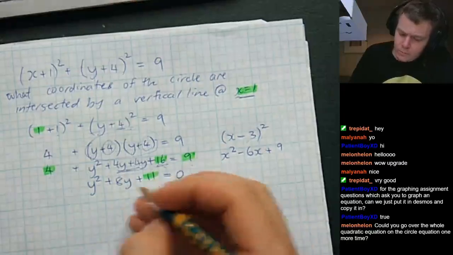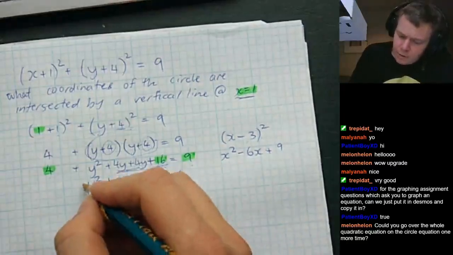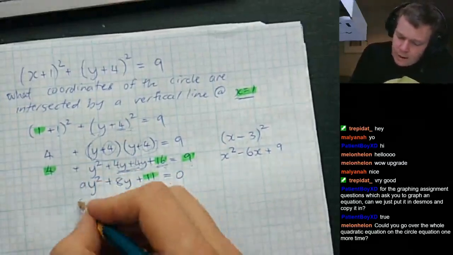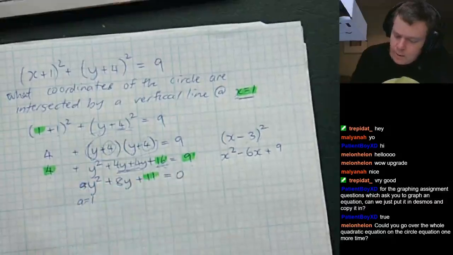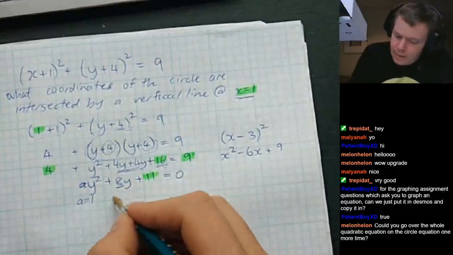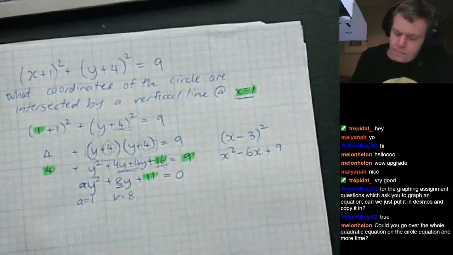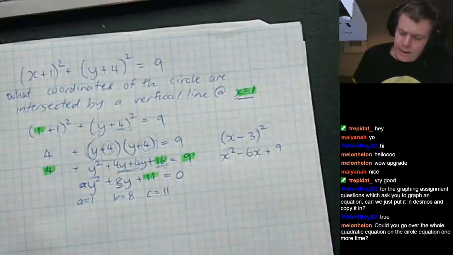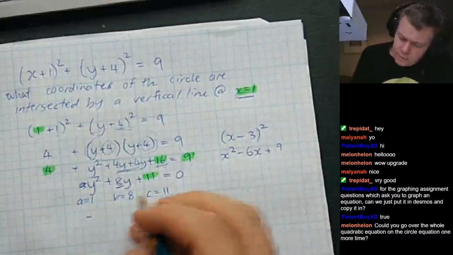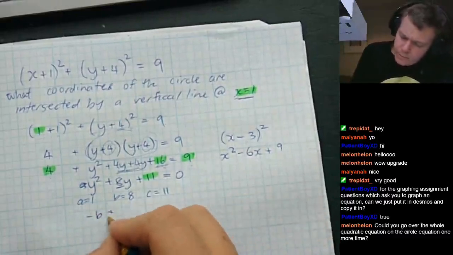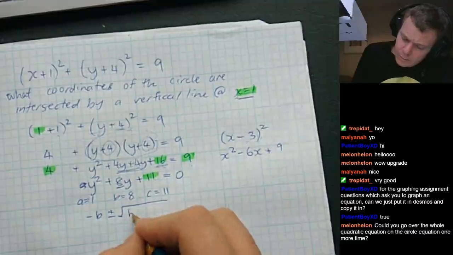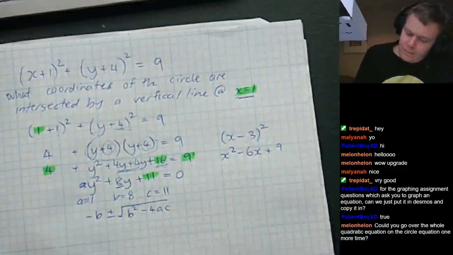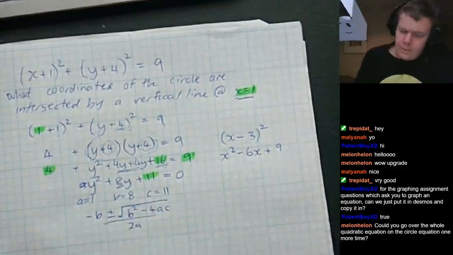We've still got our a is 1, our b equals 8, and our c equals 11. I also skipped over what the quadratic formula is: minus b plus or minus the square root of b squared minus 4ac, over 2a.